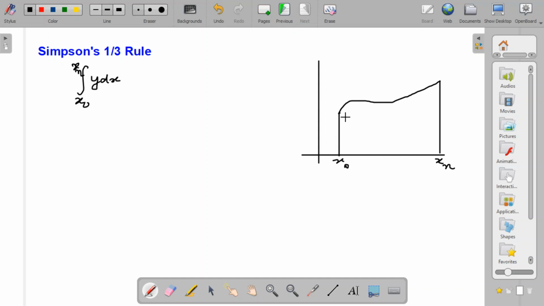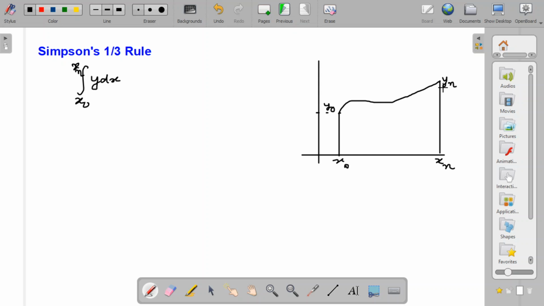Okay, so let me call the value of the function at the point x0 as y0, and the value of the function at the point xn, let this be yn.